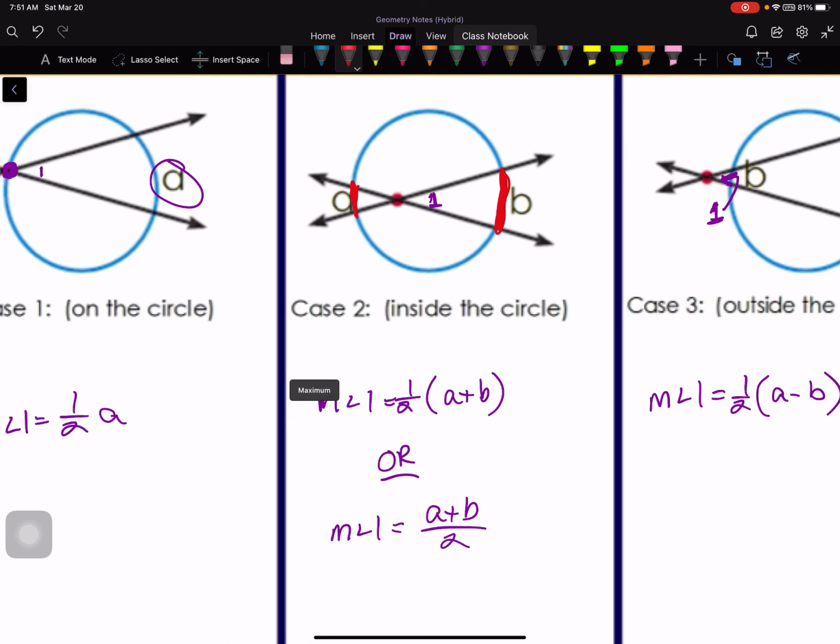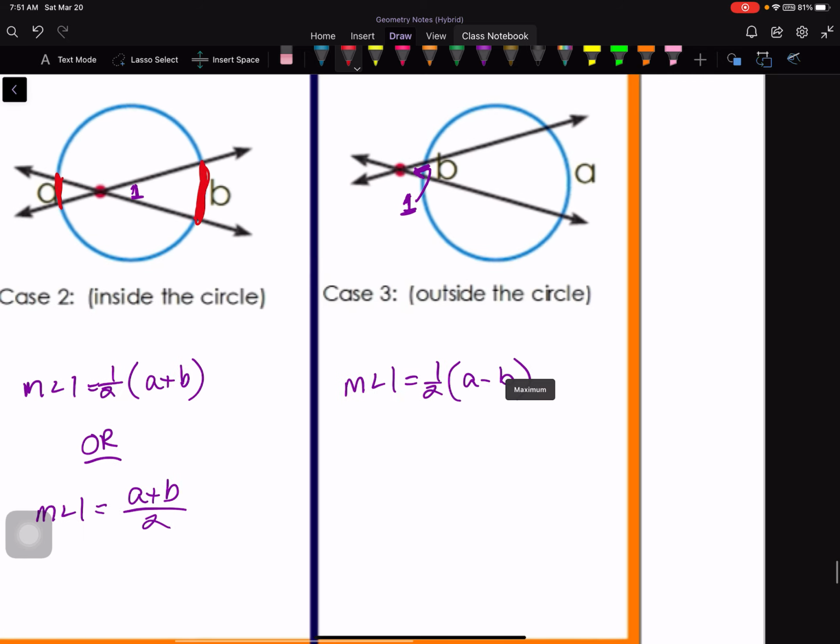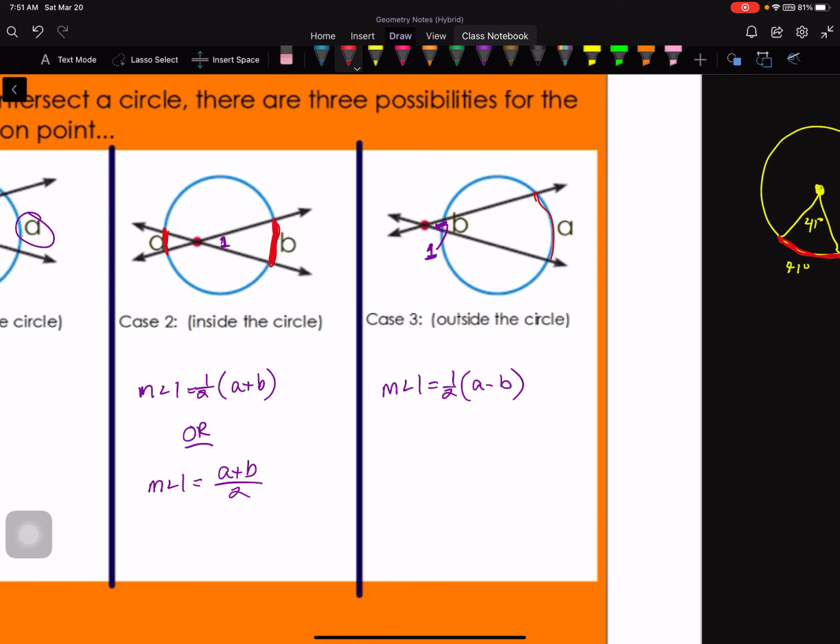When you are inside of a circle, you just add them up, and you know that addition order does not matter. Here, though, you're subtracting, so you're taking the farthest away arc, the bigger of the two arcs, and you're subtracting the smaller arc in here, and you're dividing it by 2. So you could do that way, or you could go measure of angle 1 equals A minus B divided by 2. However you want to look at it, it's all saying the same thing.